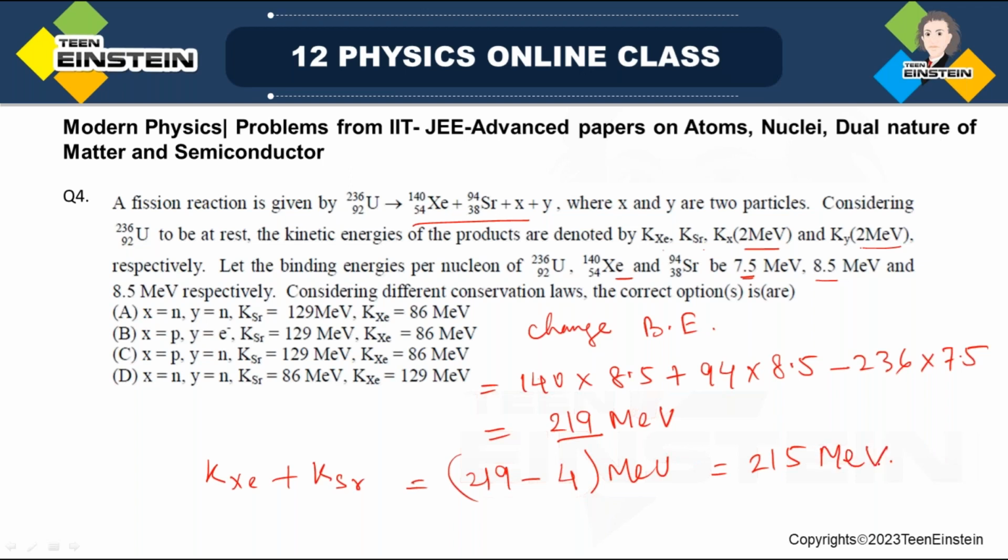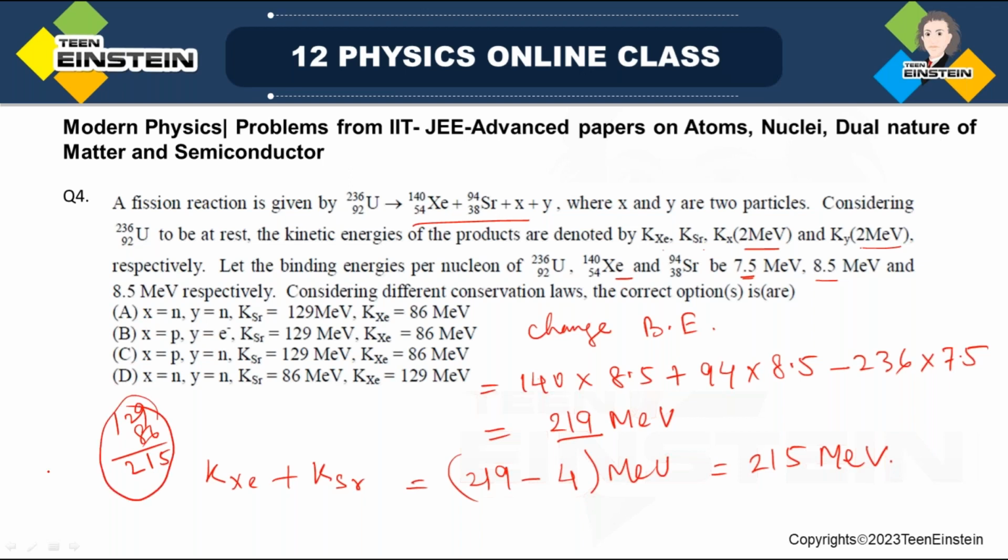Now look, 215. If we add 129 with 86, this will give you that. So this is the total energy.